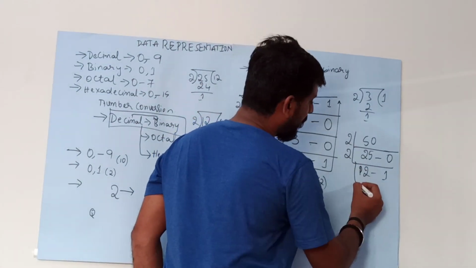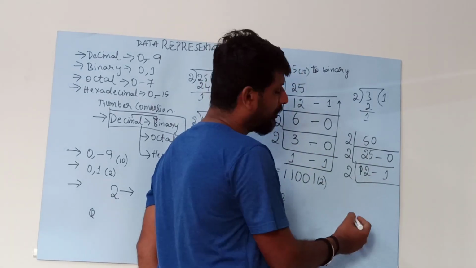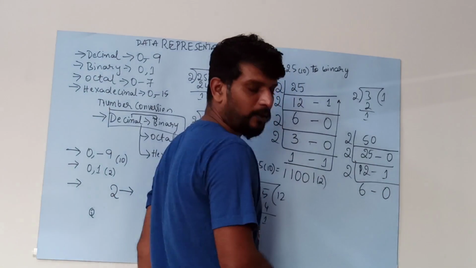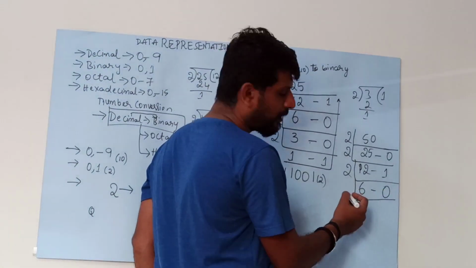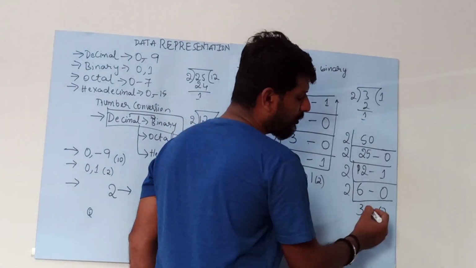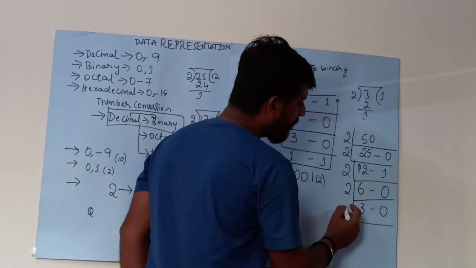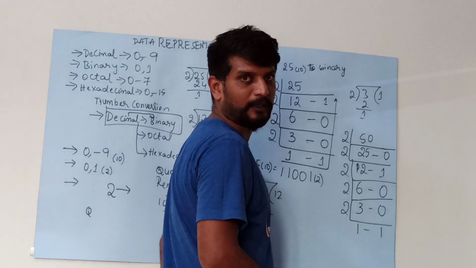Next, you got 12. You have to divide it again by 2. 2 6s are 12, remainder is equal to 0. You got 6, again divide it by 2. 2 3s are 6, the remainder is equal to 0. Next, you got 3, 2 1s are 2, remainder is equal to 1.